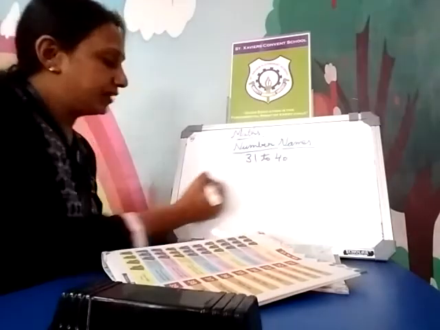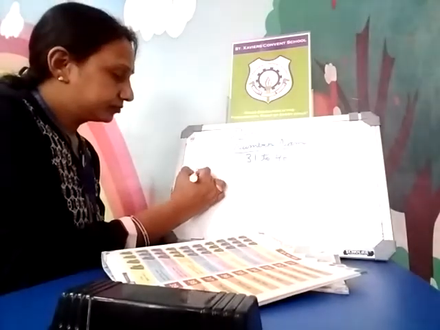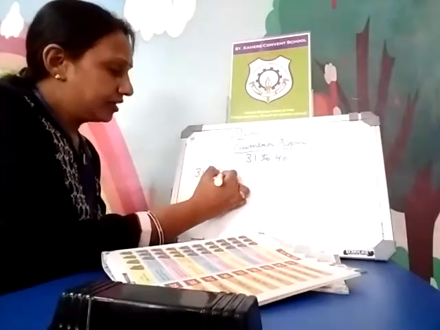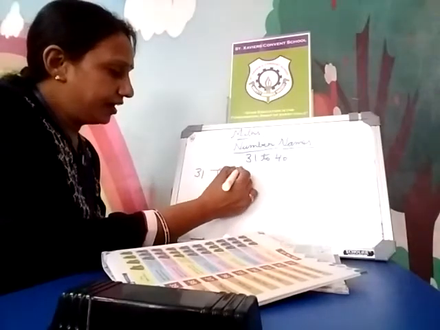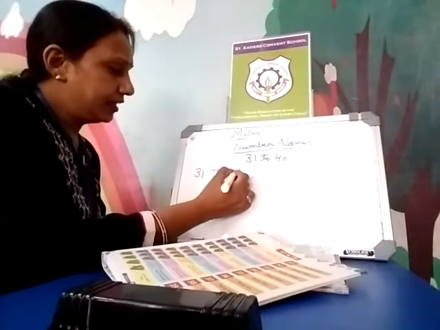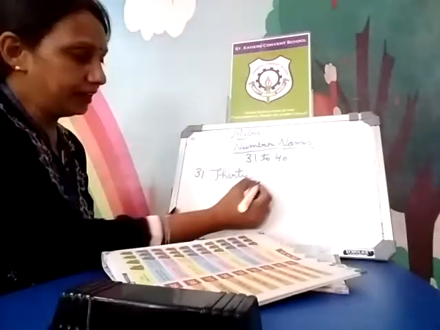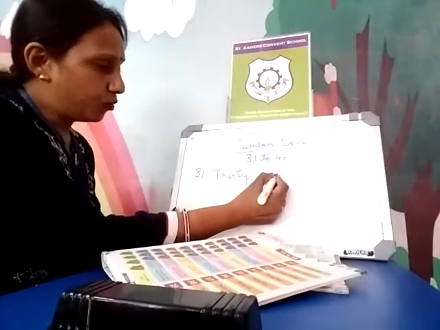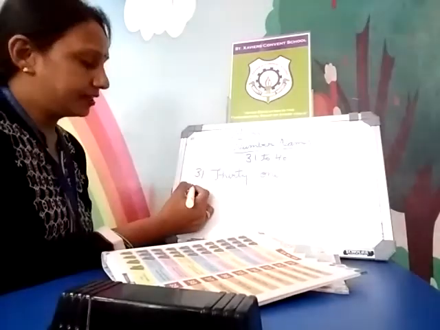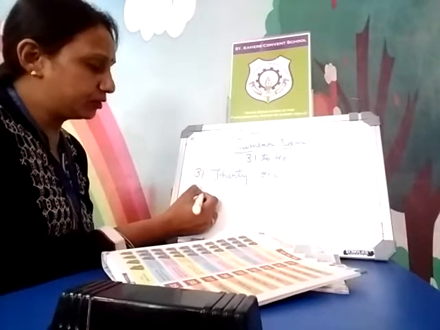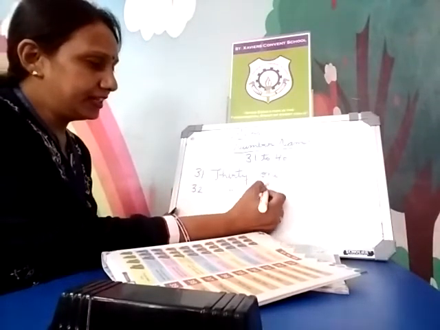And the spelling of 31 is THIRTY, 30, ONE, 1, 31. Similarly, the spelling of 32 is 30, TWO, 2.